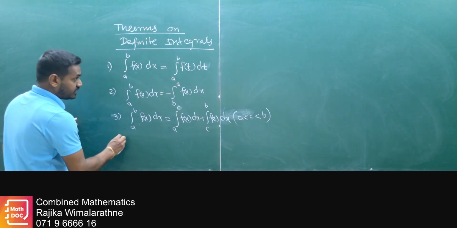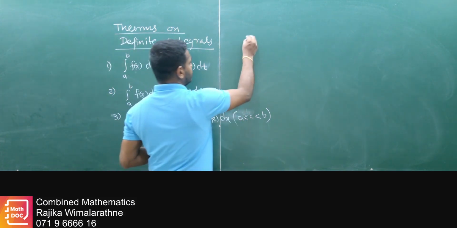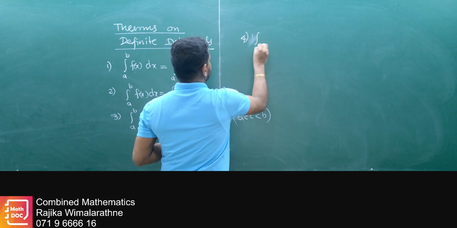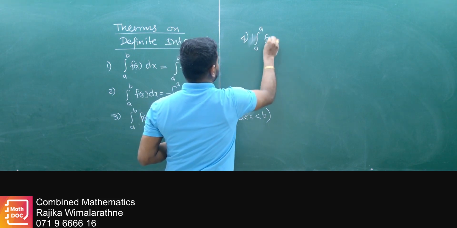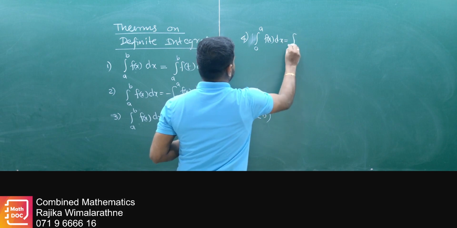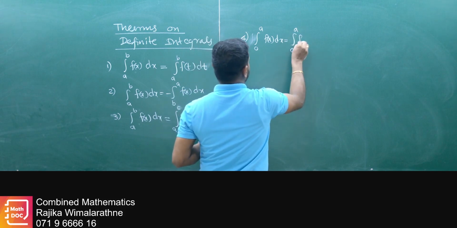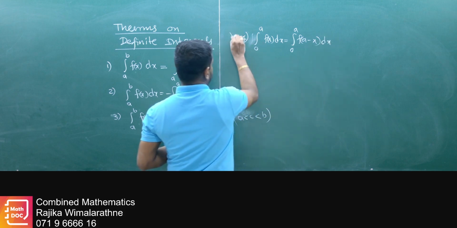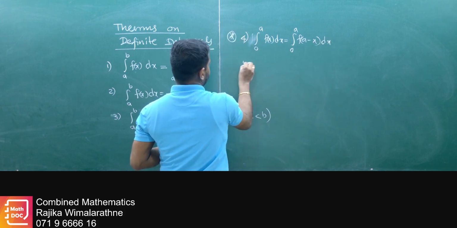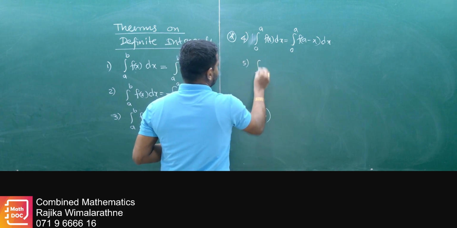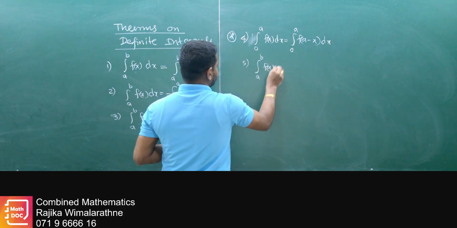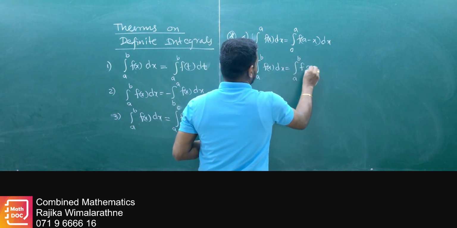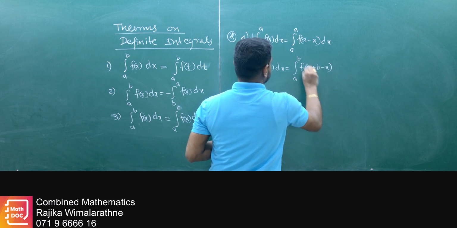Then fourth and fifth ones are very important. 0 to a f(x) dx equals 0 to a f(a minus x) dx. Fifth one, a to b f(x) dx equals a to b f(a plus b minus x) dx.